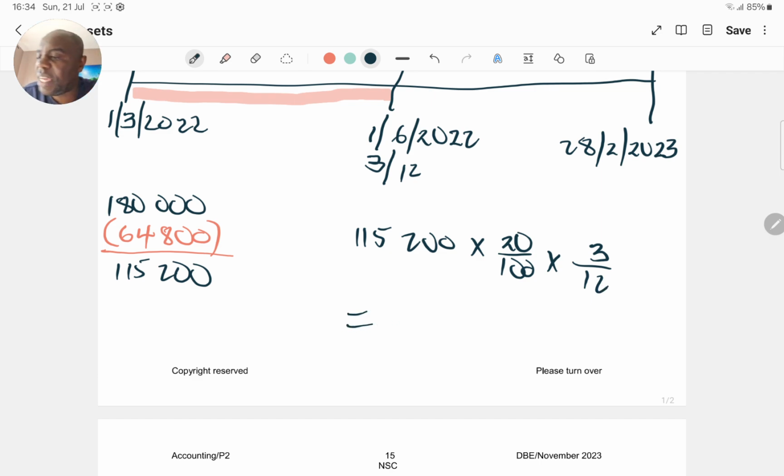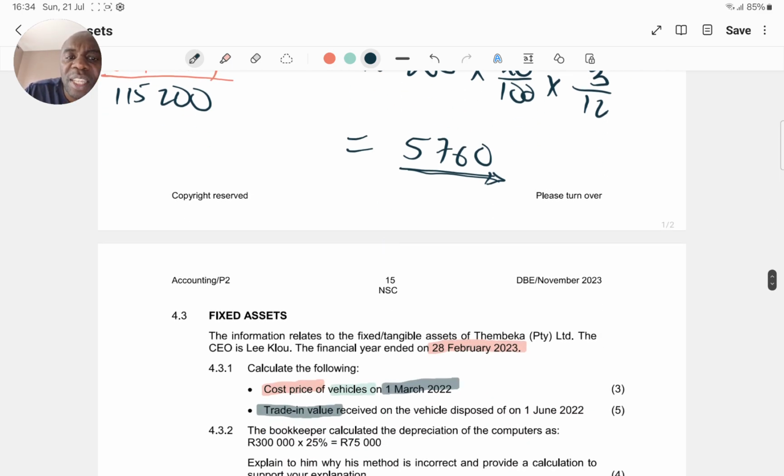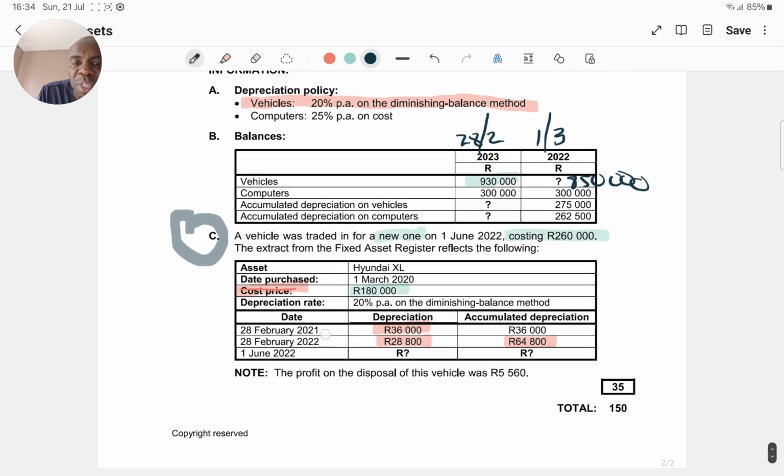Then I get 5,760. So the vehicle lost another 5,760 from the 1st of March 2022 up to the 1st of June 2022. So this 5,760, I'm going to put it here.